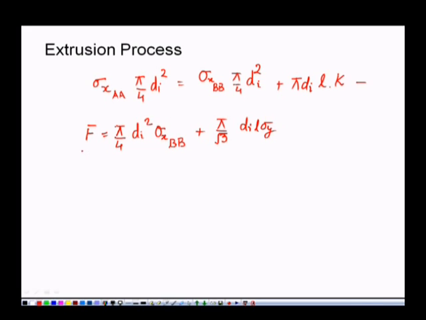So, this is the total force that is acting at BB. Now, we have to find the workload from the energy consideration.